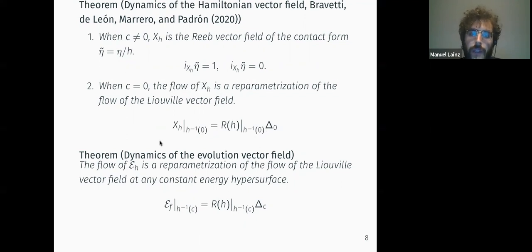However, for the evolution vector field, if you restrict it to any level set, to any constant energy hypersurface, then it is a reparametrization of the Reeb vector field at any level set, not only at the zero level set.